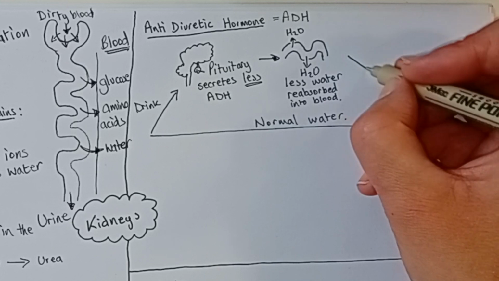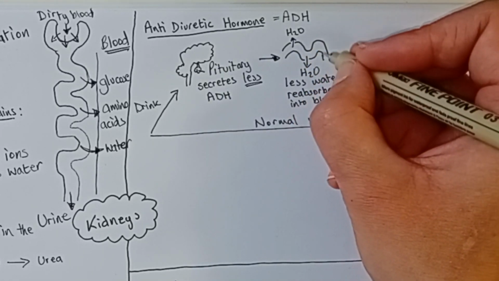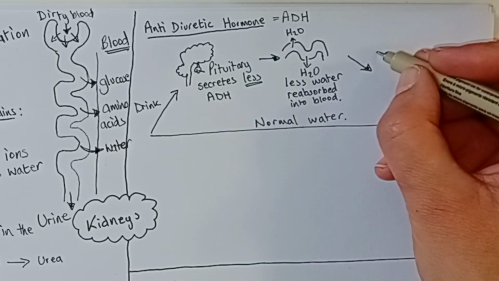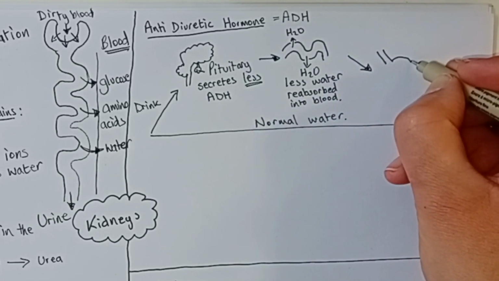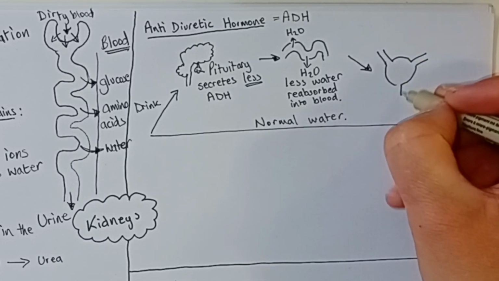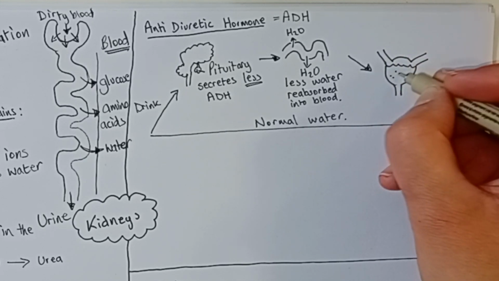And what that means is that the water stays inside the tubule and it will end up in your bladder. So you will end up with lots of urine, lots of dilute urine. So let's draw a bladder. And it's full of dilute urine.